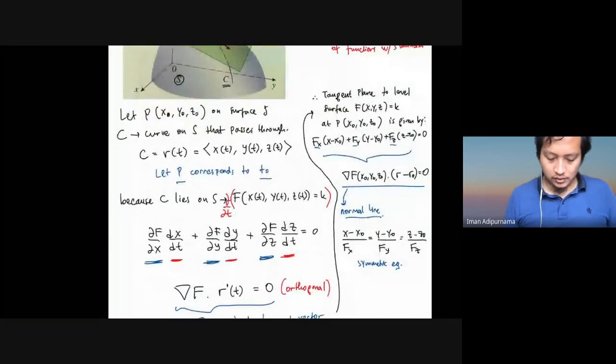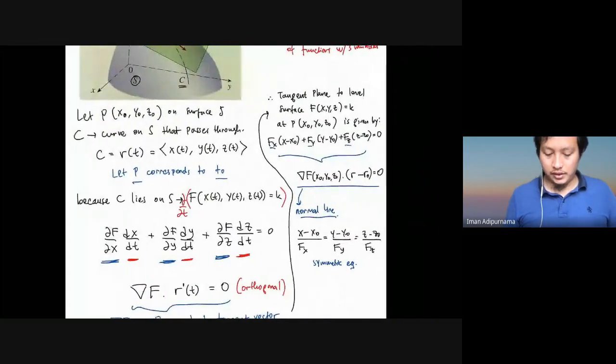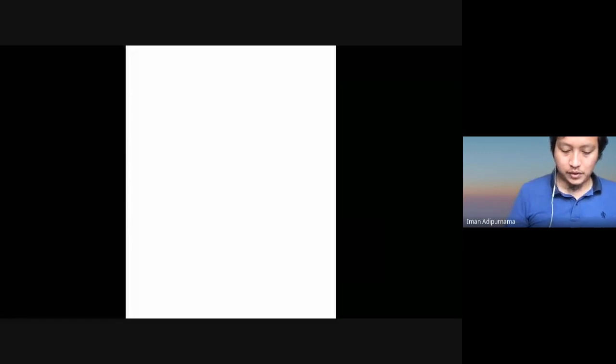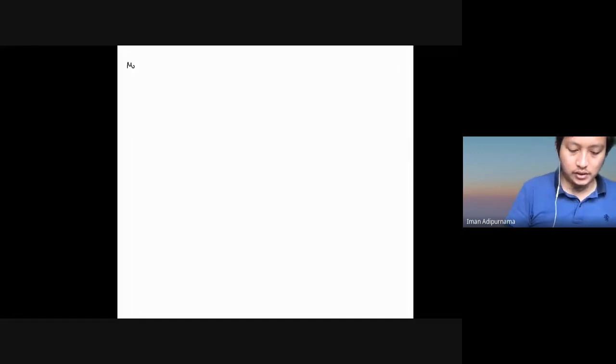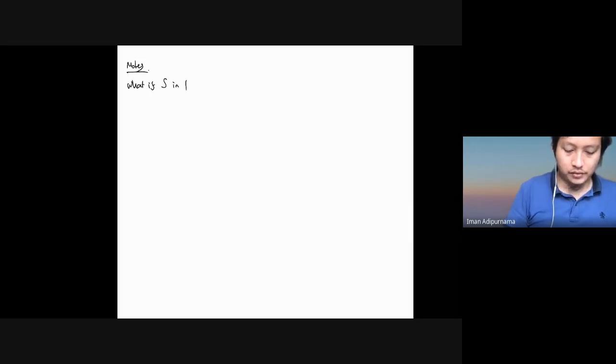what if, because this is all in terms of x, y, z, right? Let me give you another note here. So what if the surface is in the form z equals a function of x, y?